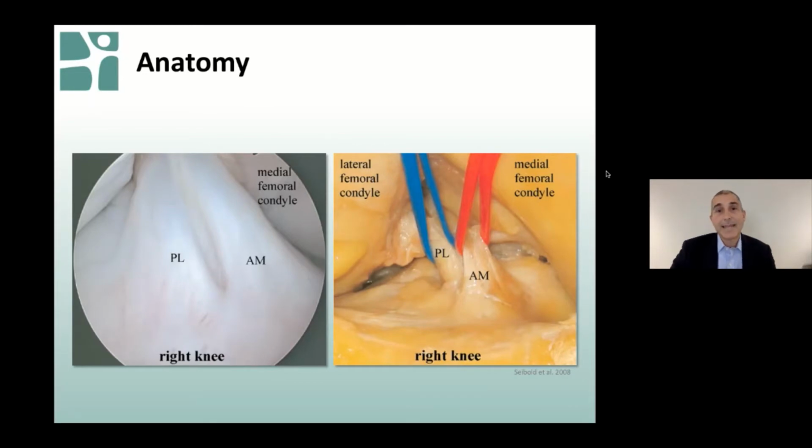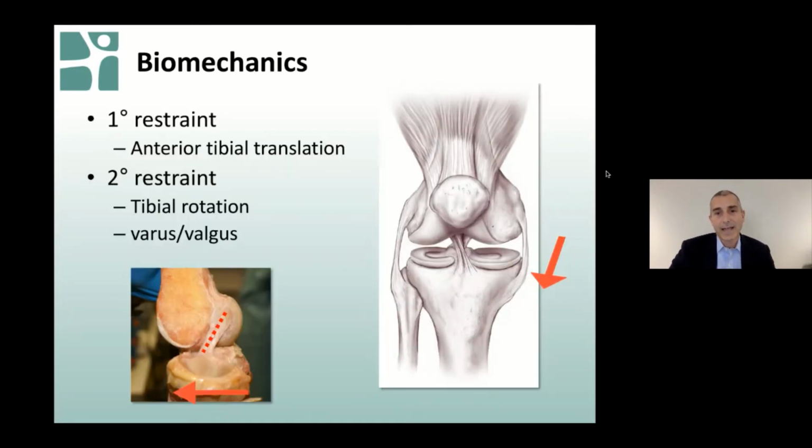Even though we talk about the ACL as a singular structure, what we've learned over years of anatomical research is that the ACL actually consists of two bundles, the posterolateral bundle and the anteromedial bundle. And you can see them here in these illustrations. These bundles work in concert as the knee moves from flexion to extension to stabilize the knee during cutting and pivoting activities. And the ACL has multiple different roles.